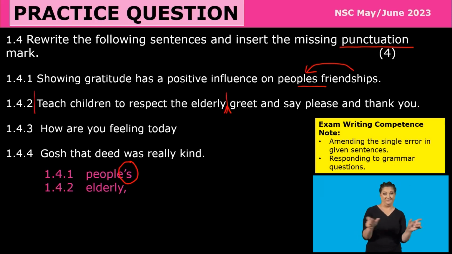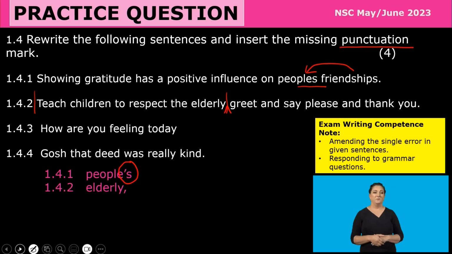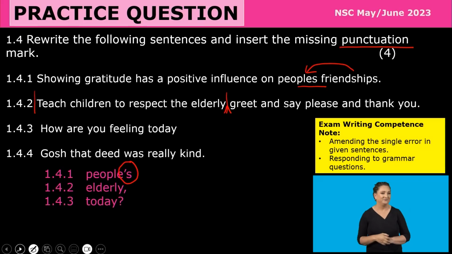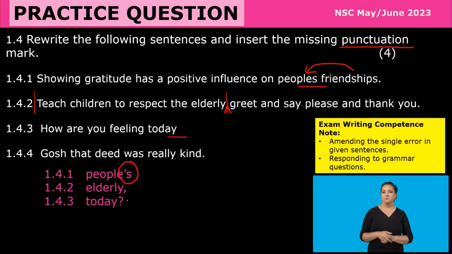So to separate the ideas in the sentence, we've inserted a comma there, all right? In 1.4.3, how are you feeling today? So can you see what's happening to my voice? It's going into a question mode. So when we look at our response, after the word today, we have to complete it with a question mark, all right? To indicate that we are posing a question to someone that we're talking to.